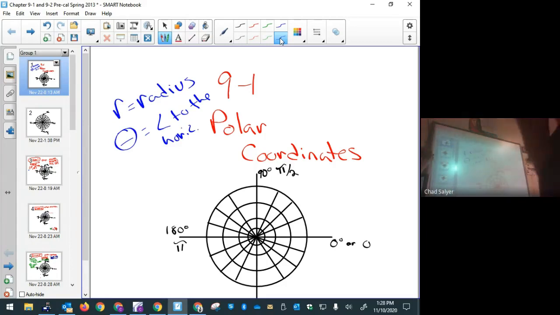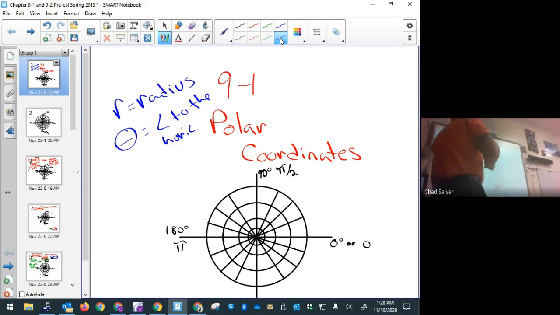An r, which is the radius, and a theta, which is the angle to the horizontal. So the r tells us how many units to go outward, and each of these concentric circles represents a unit away from the origin. So 1 unit, 2 units, 3 units, 4 units. And you can make the graph larger and go bigger and bigger. So 1 unit of radius, 2 units of radius, 3 units of radius, 4 units of radius represented here.